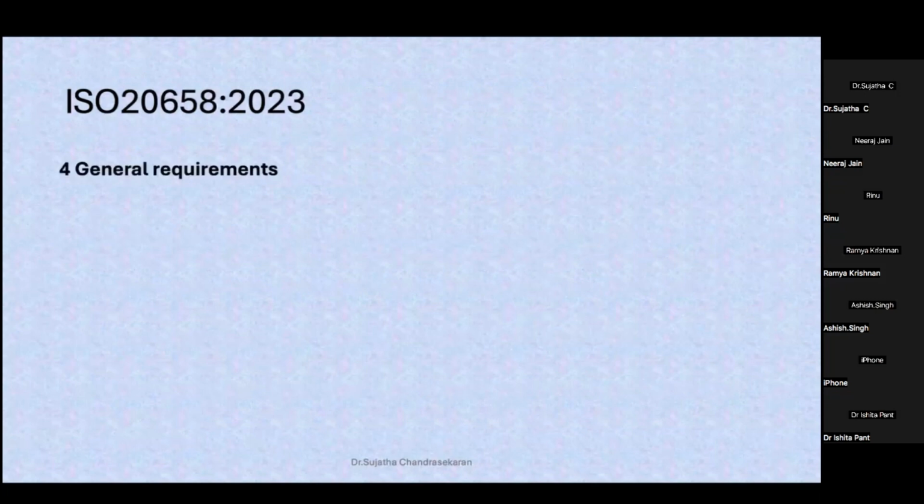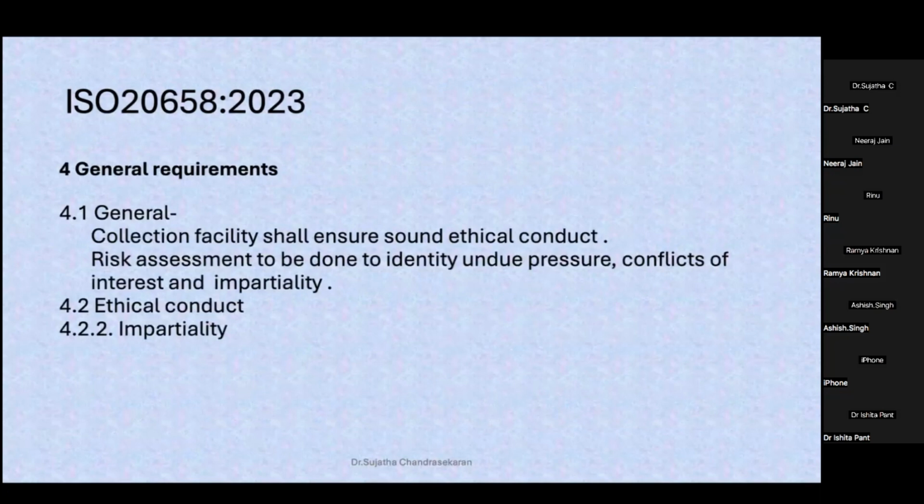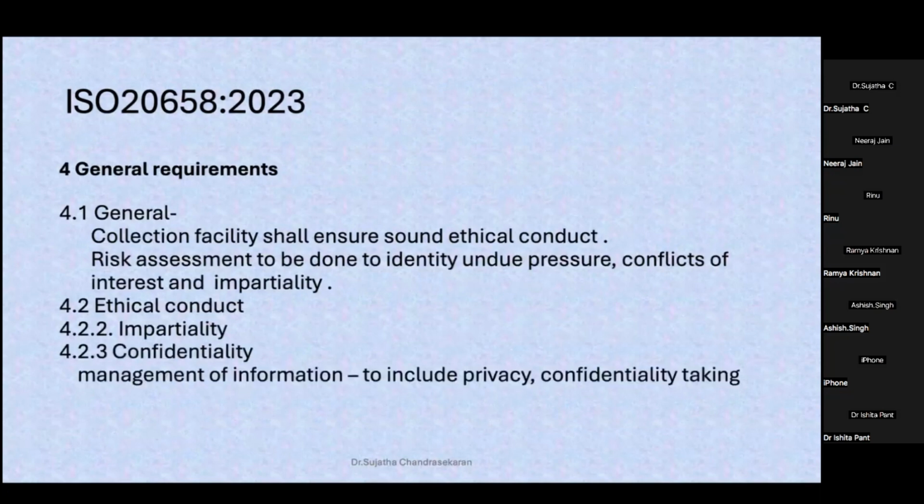Right. Now coming to the general, this is exactly structured like 15189:2022. So the general requirements start with ethical conduct, impartiality, and confidentiality. Ethics. This is actually one area which is generally not addressed even properly in 15189.